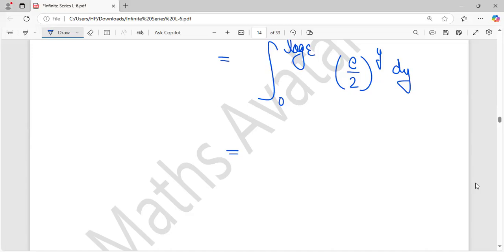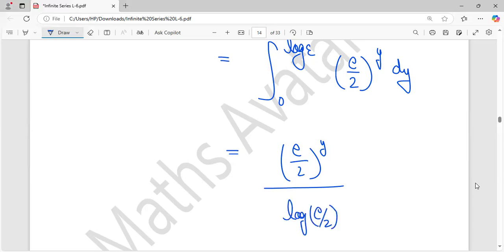What is the integral of a to the power y? It is a to the power y upon log a, with a equal to e by 2.